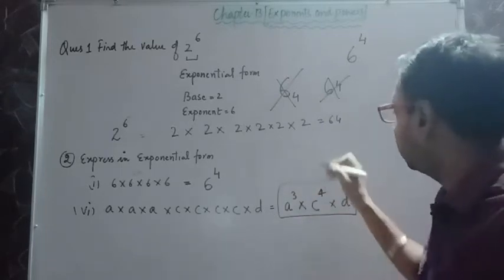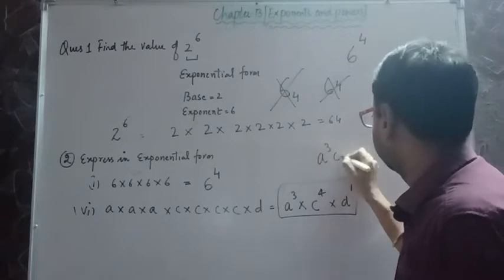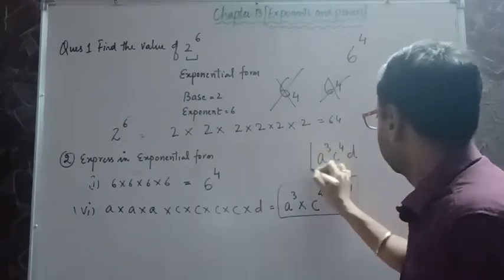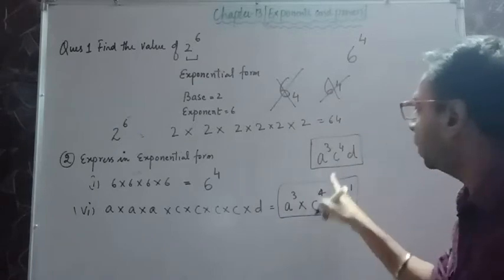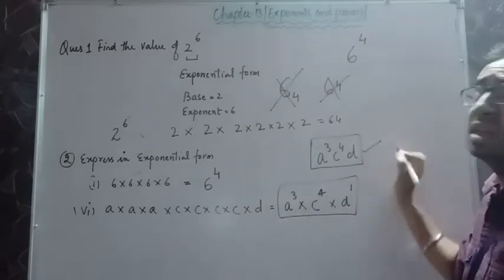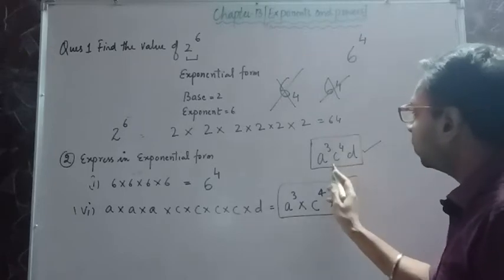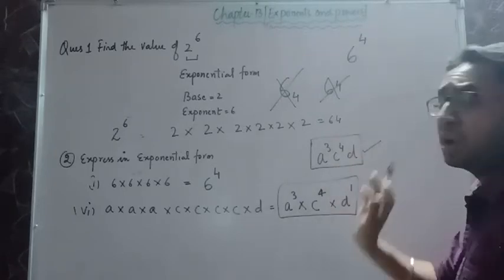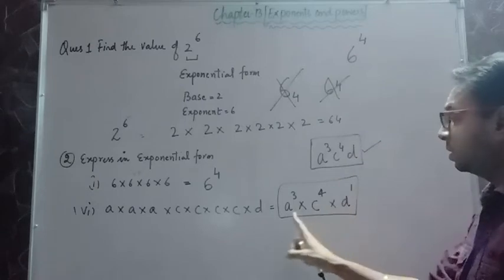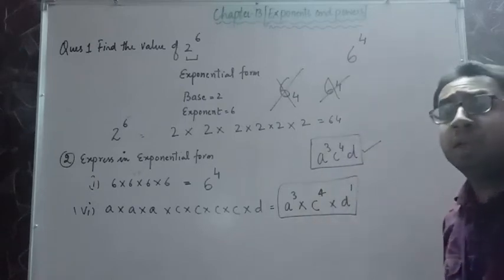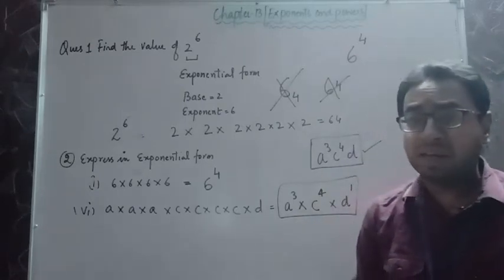You can write this as this also. This is also correct without putting the multiplication sign, because it is quite understandable from here that A raised to power 3 is multiplied by C raised to power 4 multiplied by D. So this and this are equally right, presentable. We can write like this also.